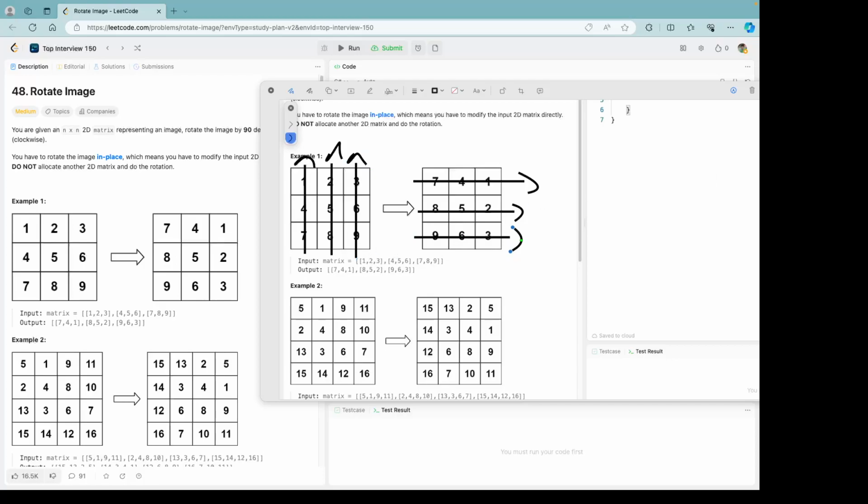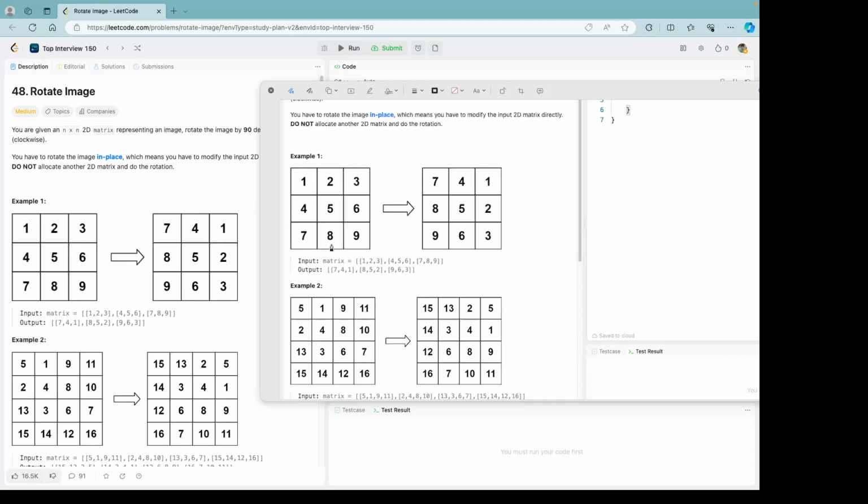So the simplest way to solve it is to create our own version of the matrix of size n, allocate memory to it, read all the values from bottom to up, iterating through the whole matrix, and place them in the new matrix: 7 4 1.